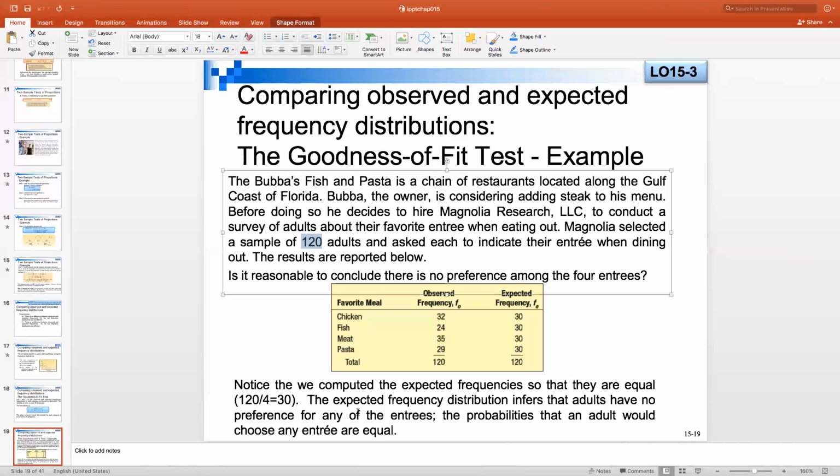And pasta, 29. So the expected frequency infers adults have no preference. They're indifferent. Whereas the observed is what actually happened. Now we have to test whether or not this set of numbers is different than this set. So the chi-squared is going to ask the question, is this different than this?